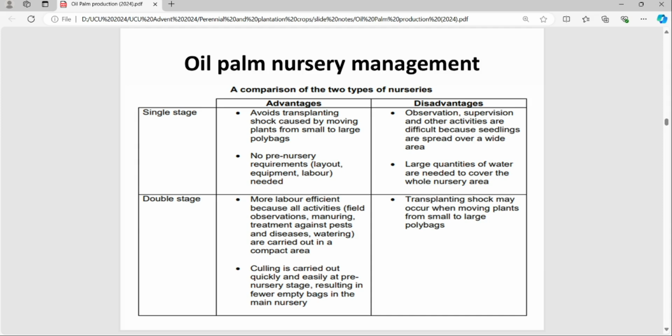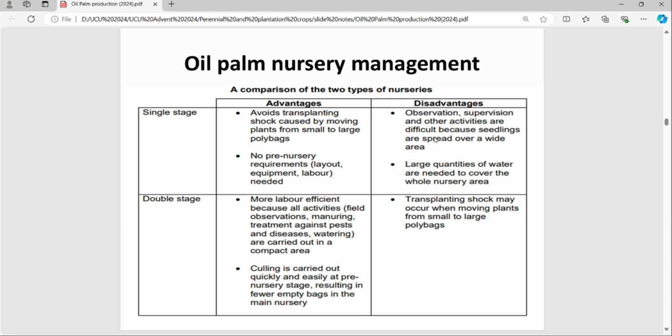The single stage nursery avoids transplanting shock because you do not have to shift the seedlings from one polypot or polybag to another. Then there is no requirement for extra labor or materials for one to change from a pre-nursery stage to the main nursery.